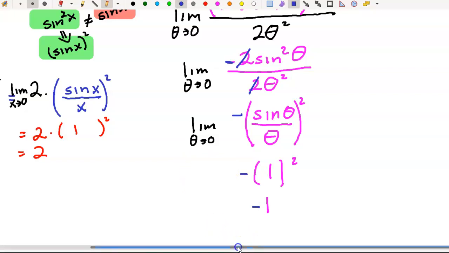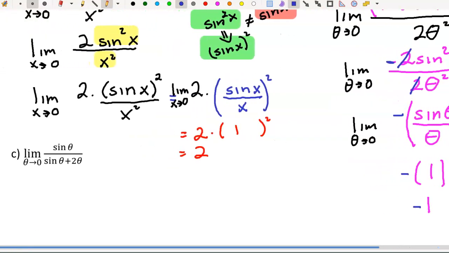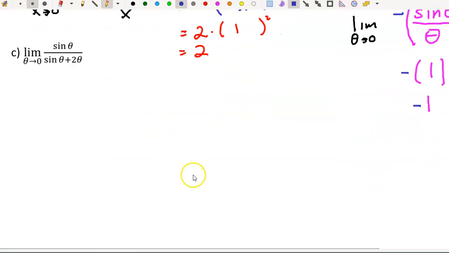Now, the last one won't take too long. It's a takeoff of what we did yesterday over here. So you saw the problem from yesterday where you multiplied top and bottom by 6 over 6 to get a sine of 6 theta over 6 theta, right? Or the next problem after that, I think we multiplied by 4/3 over 4/3.